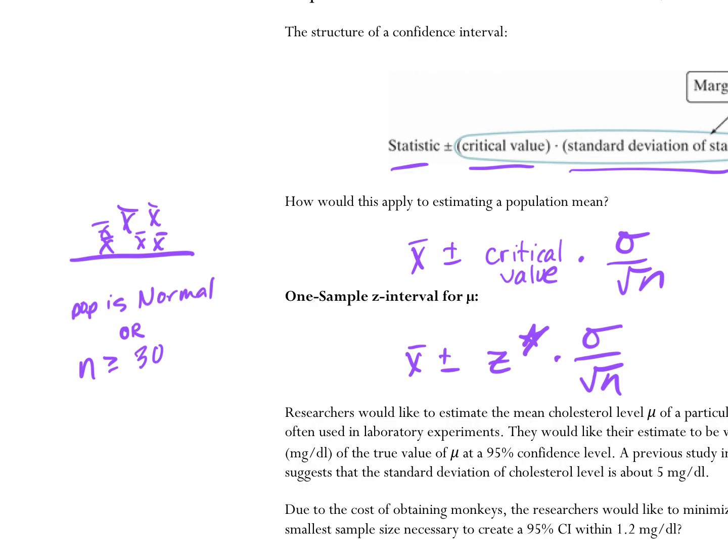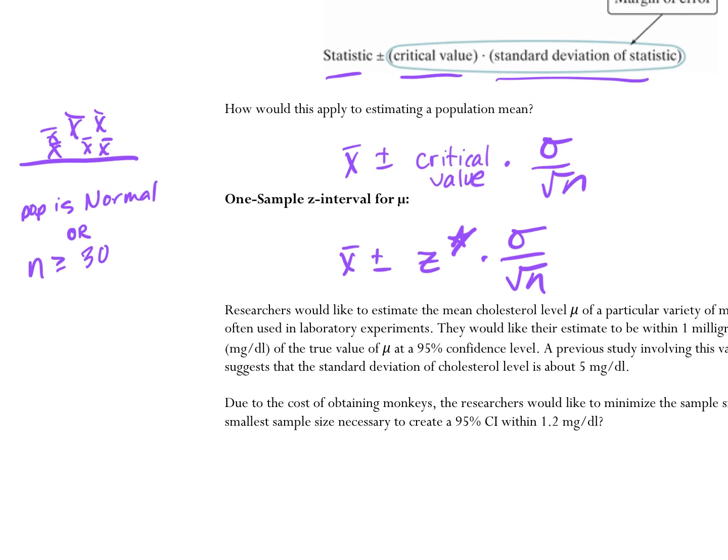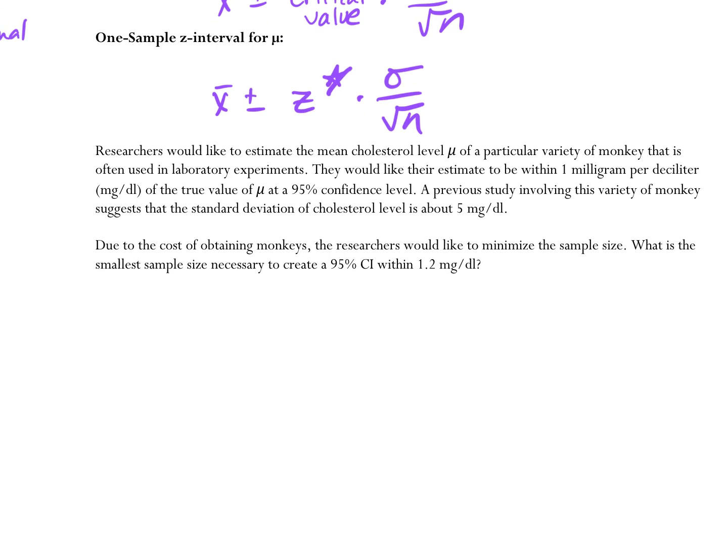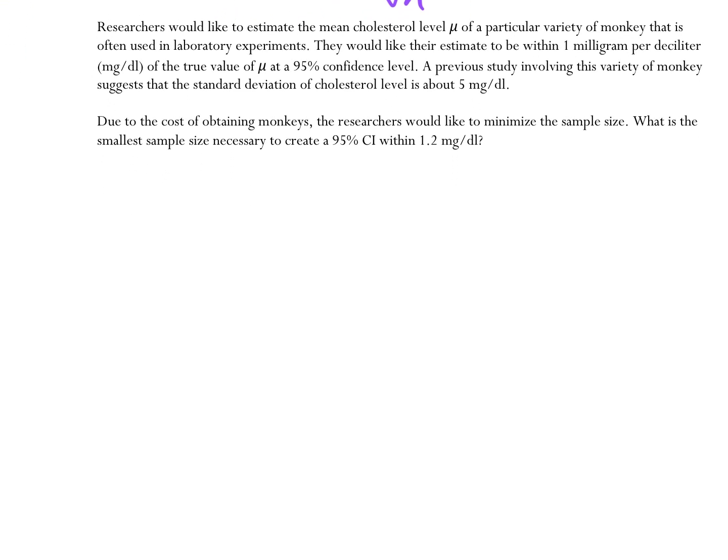Okay. Now, how do you calculate standard deviation? It's the average distance from the mean. So guys, and then what's the goal of the confidence interval? To estimate the population mean.